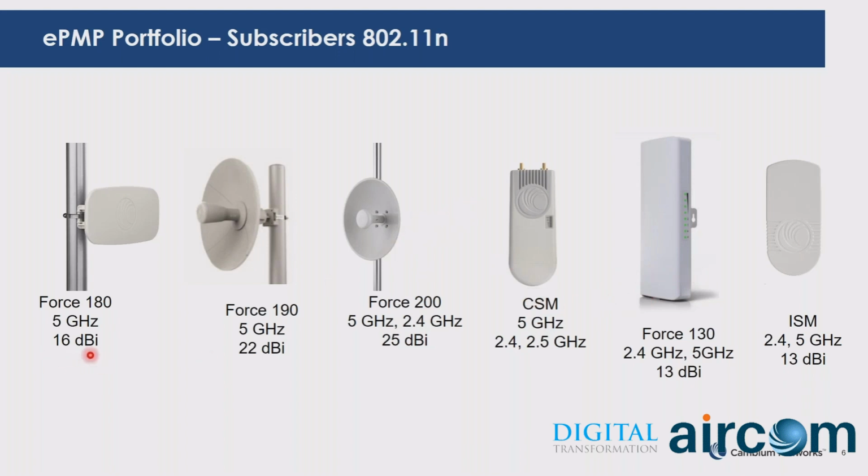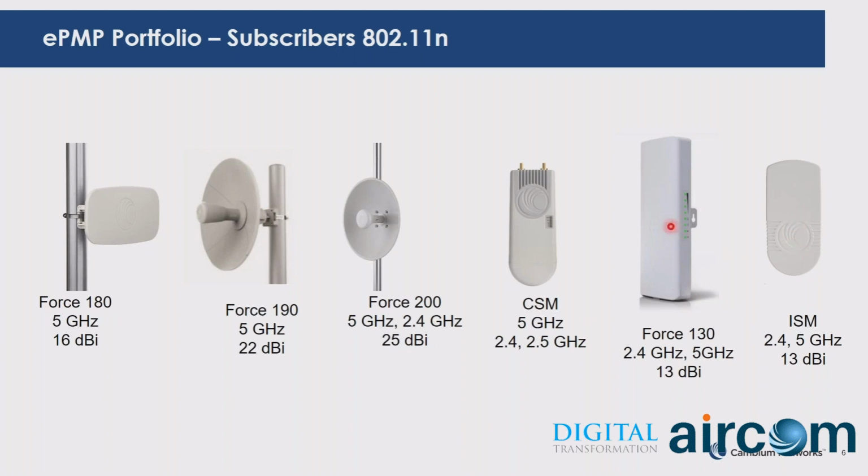As you can see, I've listed their antenna gains. Generally speaking, depending on your range, you would go for either the one with the least antenna gain or the one with the highest antenna gain. The highest antenna gain radio for the 11n subscriber modules is the FOS 200 with 25 dBi of integrated antenna gain, and the least is the FOS 130, or the integrated subscriber module, which is end of life as of today.